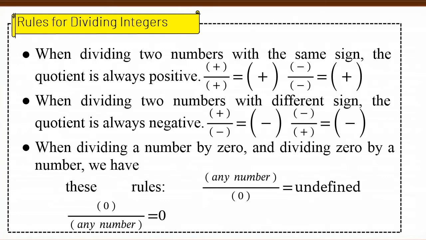When dividing two numbers with different signs, the quotient is always negative. When dividing with 0, we have these rules. Any number over 0 is undefined. 0 over any number or integer is equal to 0.